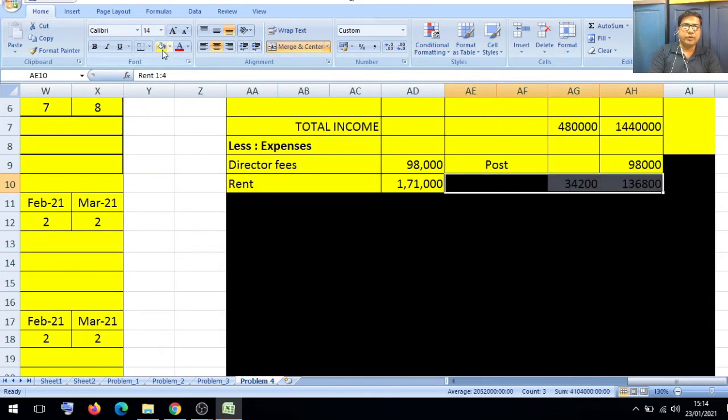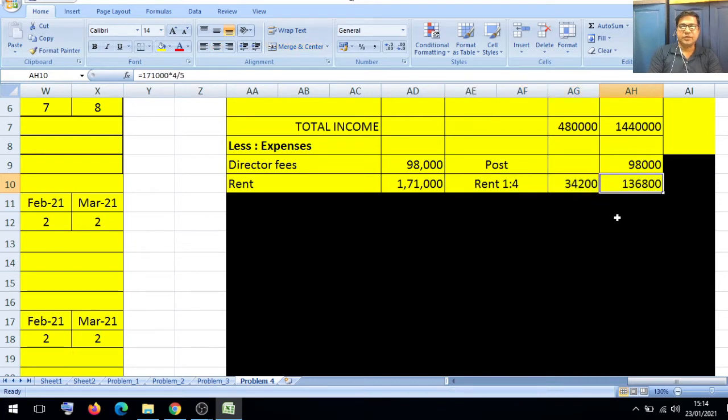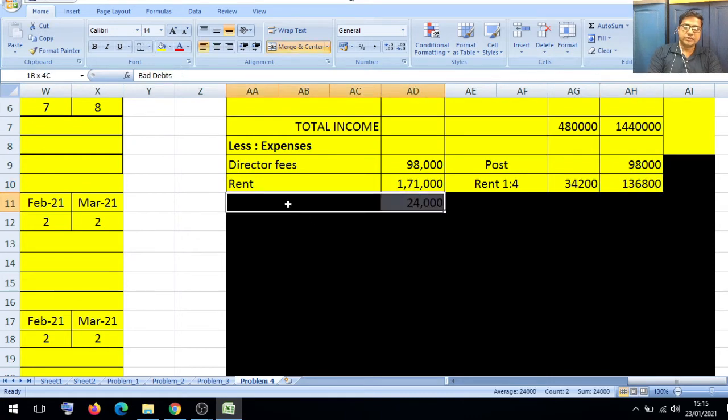So we will allocate this rent as 1,71,000 into 1 divided by 5, and 1,71,000 into 4 divided by 5. The pre-incorporation rent is 34,200 and the post-incorporation rent is 1,36,800.